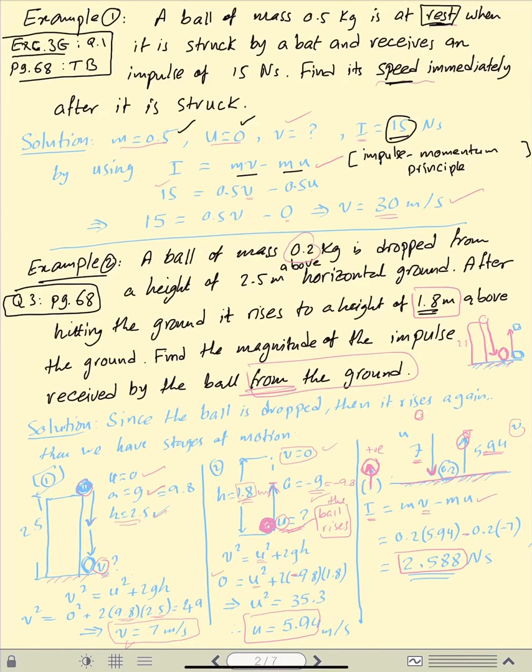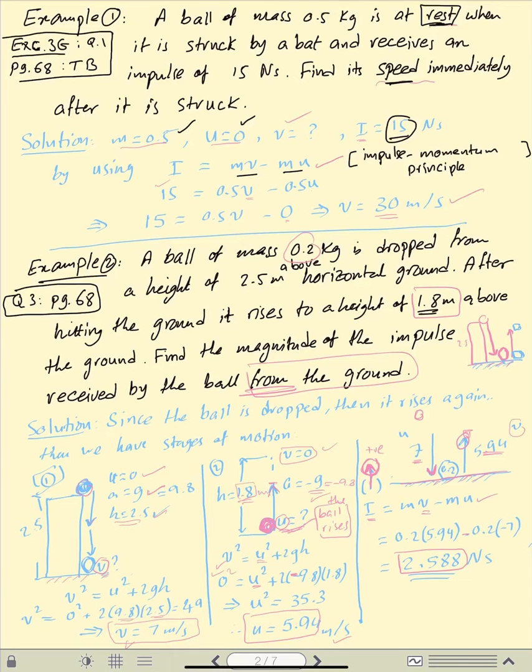So V is 0. So by replacing in the same formula, V, which is 0 squared, is equal to U squared that we want, plus 2 times minus 9.8 times 1.8. So this times this by calculator 35.3. So U is equal to 5.94 meter per second.